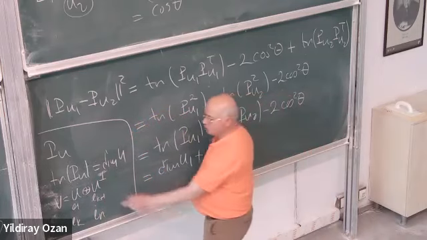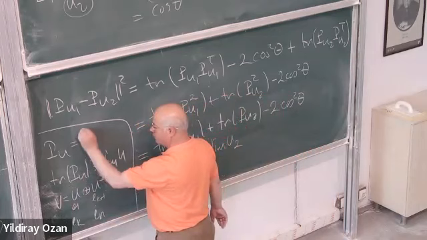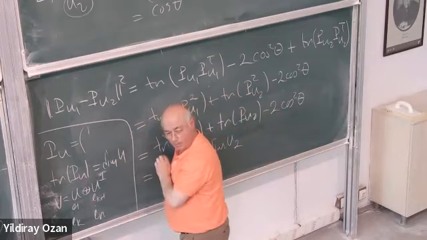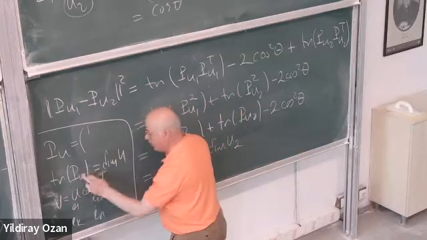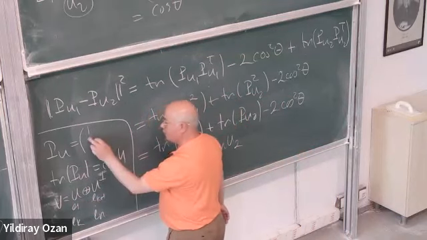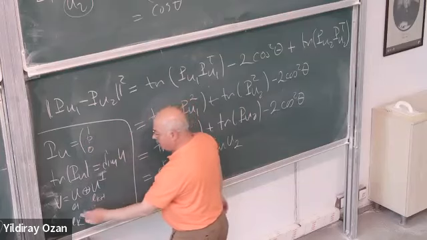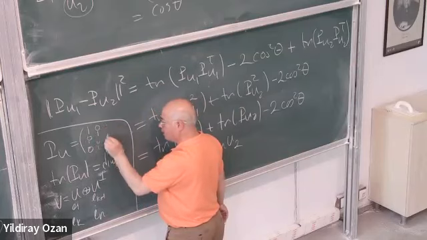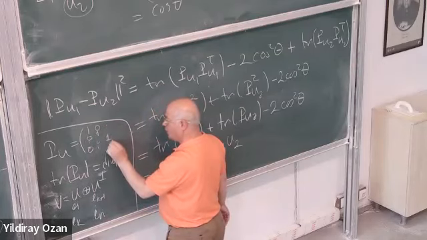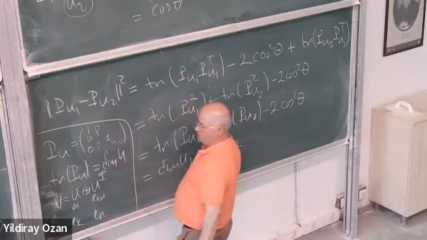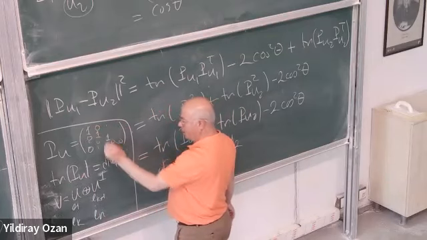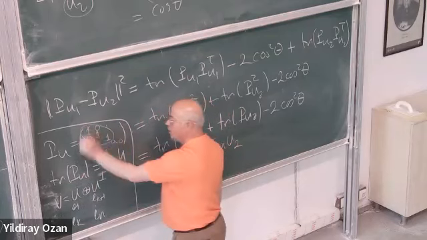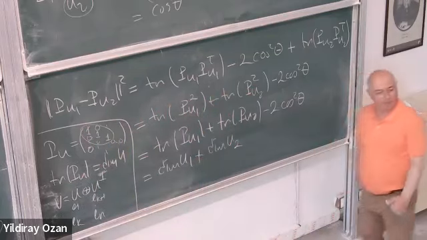O zaman projection matrisi şöyle: birinci baz vektörü kendisine gidiyor, E1, o yüzden 1 0 0 0, sonra 0 1 0 0, bu K'ya kadar gelecek, ondan sonra geri kalan her şey 0. Dolayısıyla diagonalde K tane 1 var, geri kalan her şey 0. Trace'de ne diyor? Kaç tane 1 varsa o kadar. Tamam mı?